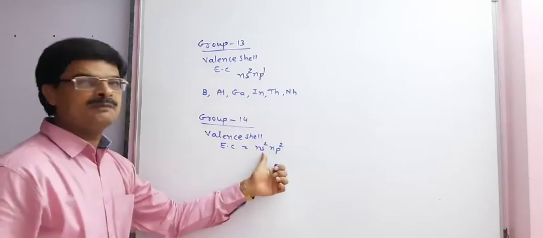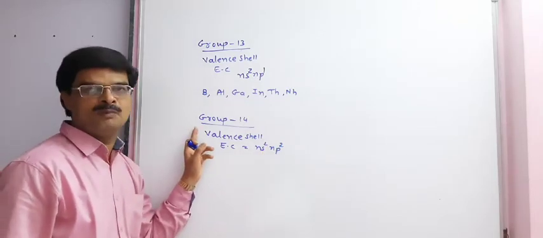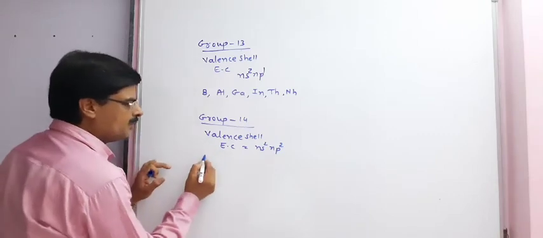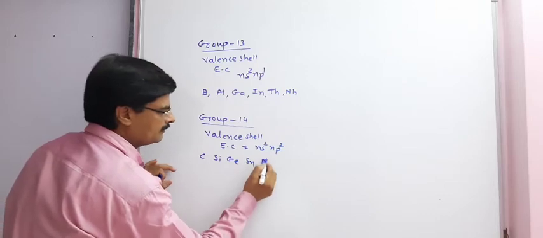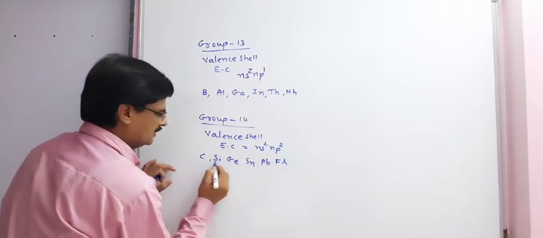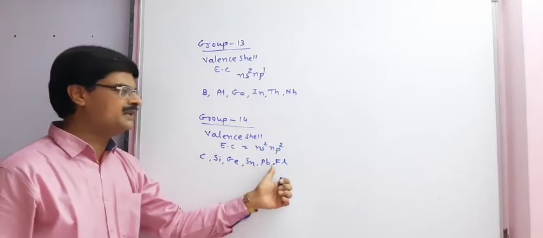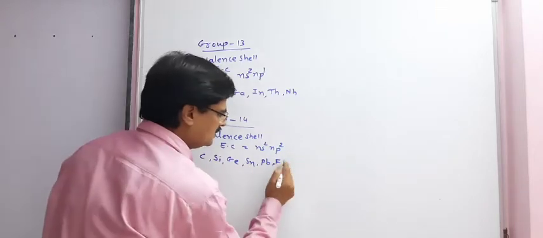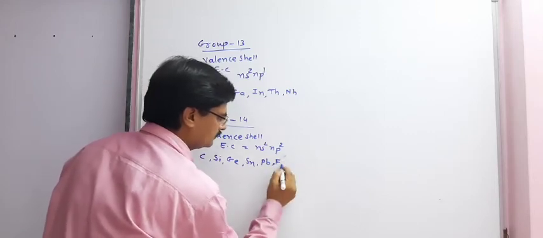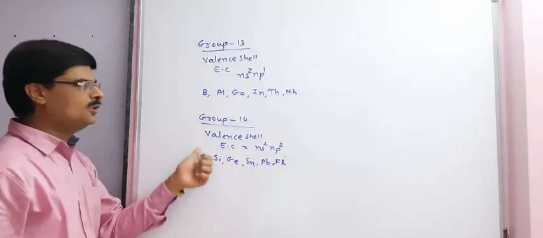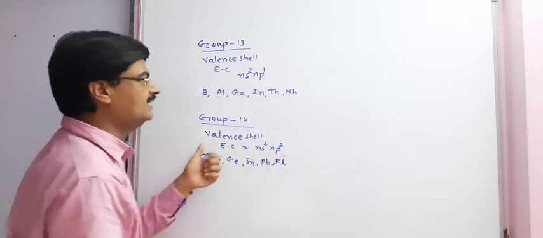That is, there are 4 electrons present in the valence shell of the elements of group number 14, and group number 14 elements have the symbols C, Si, Ge, Sn, Pb and Fl. Group number 14 elements contain 4 electrons in the valence shell.